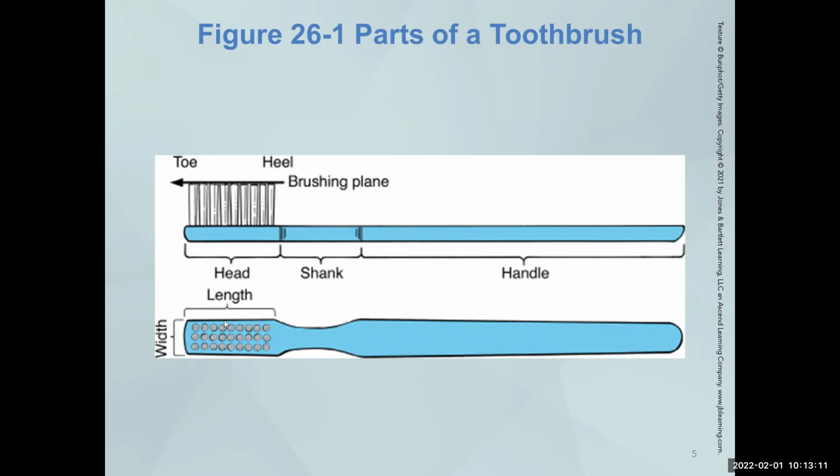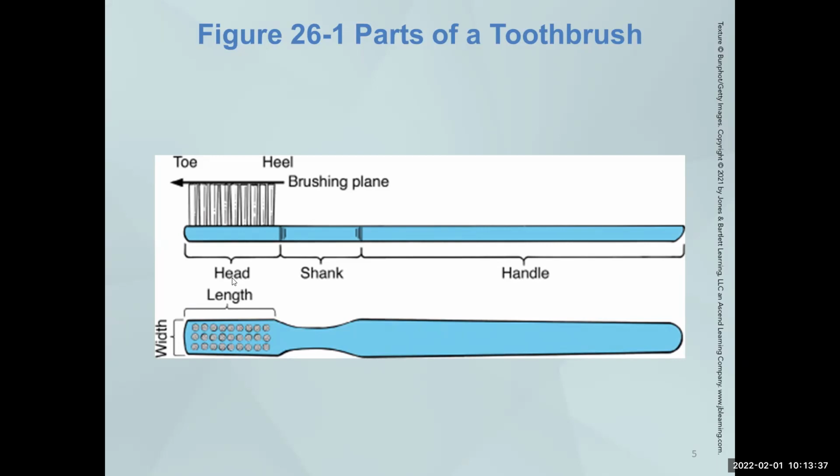You want to know the width, because the thinner the brush is, the more likely the patient can get into hard to reach areas. Think about the mandibular anterior on the lingual surface. Think about trying to get to the distobuccal of tooth number 16. All right, they can't use a big fat brush there.